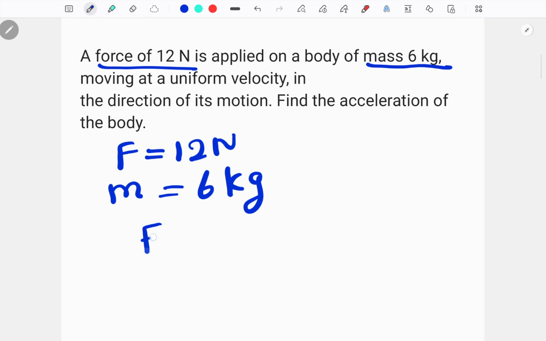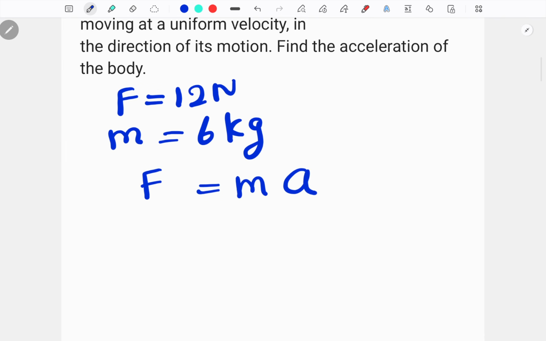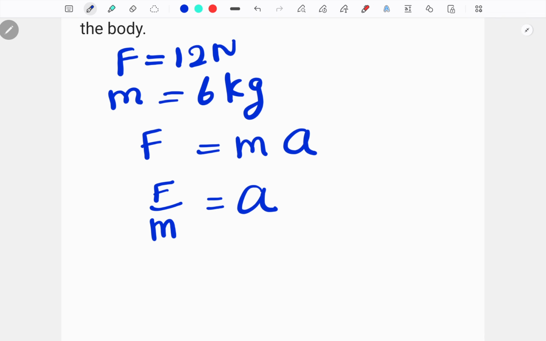So F = ma, so F over m = a. I think you guys know how to make something the subject of the equation, right? Here we want a, so keep a on that side. Now m is multiplied with a.